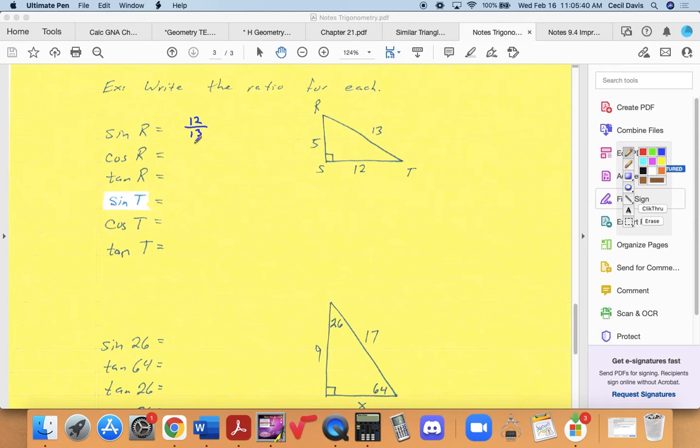So that's going to be 5 over the hypotenuse, which is still 13. And the tangent of R is opposite over adjacent. The opposite from R, all the way across the triangle, is 12, over the adjacent leg, 5.